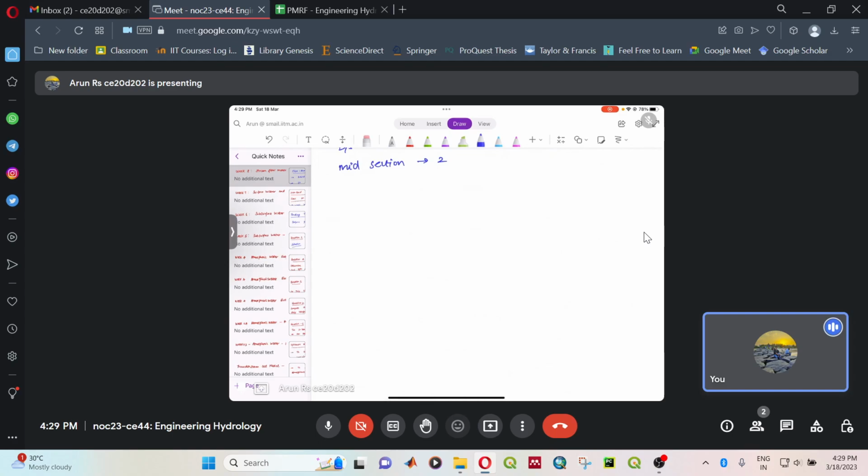So we need to compute the conveyance of the sections first.